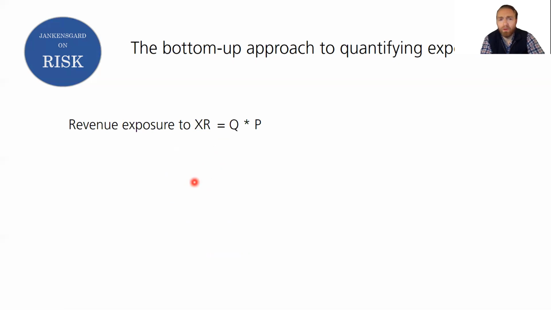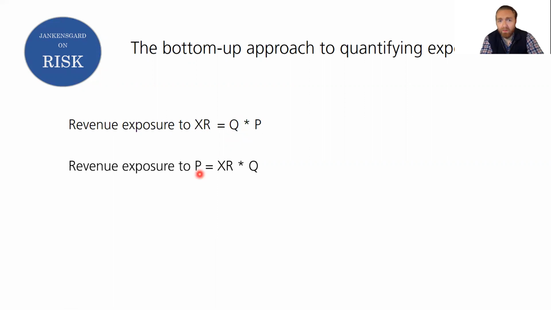The bottom-up approach has this feature built into it, that the exposure to the exchange rate in this case is given by the two other components. So we arrived at the number by taking quantity times price, essentially. That gave us the exposure, net cash flow in foreign currency.